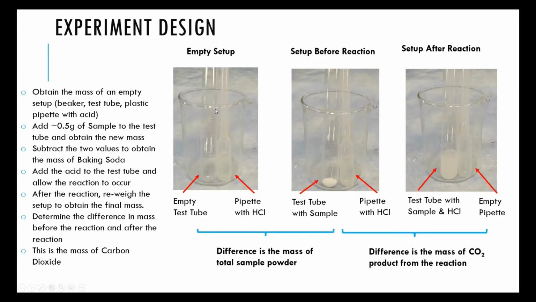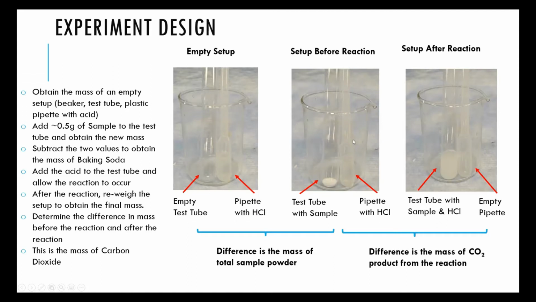Once you have that mass recorded, you can add some of your sample, about 0.5 grams, and it does not have to be exact because you're going to be weighing it after. So you'll have that same beaker, that same test tube, only now it has some amount of sample powder in the bottom, and you still have that pipette with the same hydrochloric acid in it.